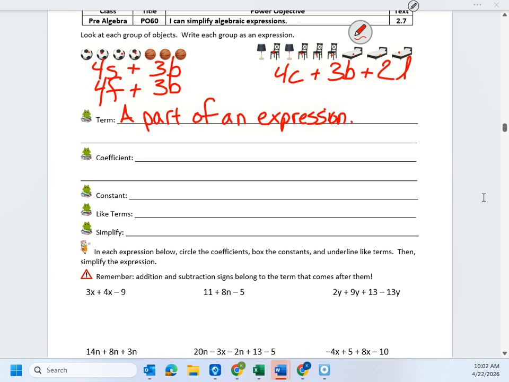Terms are separated by addition and subtraction.